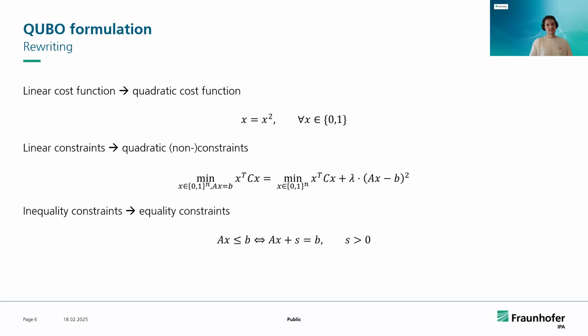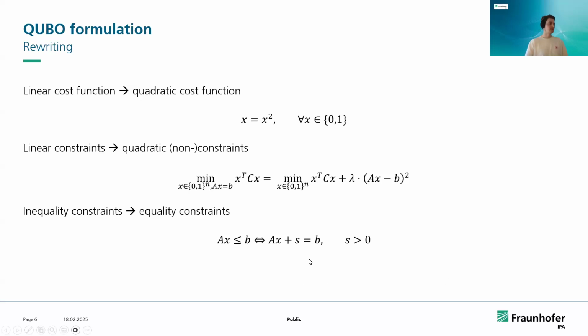And then lastly, since we didn't only have equality constraints, we have to change some of the inequality constraints to equality constraints by introducing so-called slack variables.